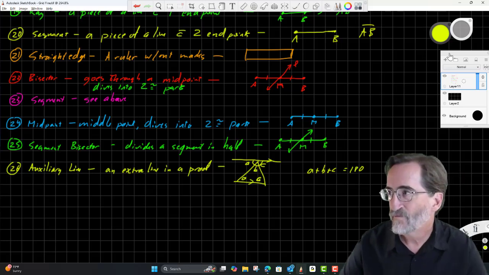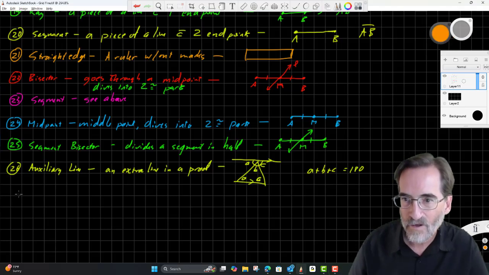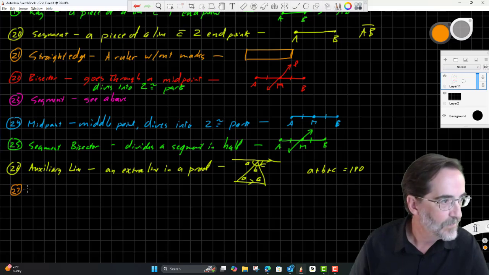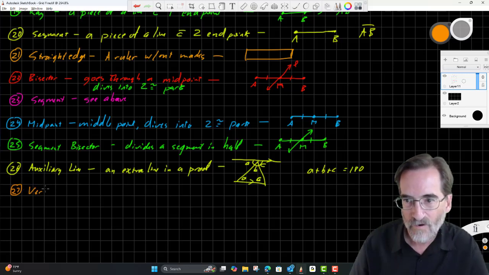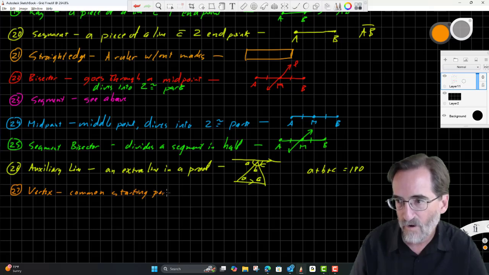27. Vertex. The common or shared starting point in an angle.